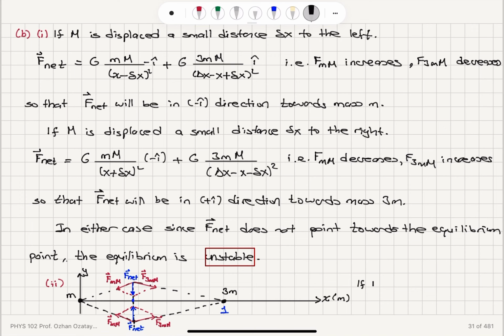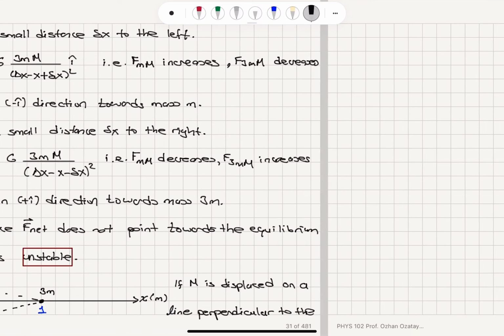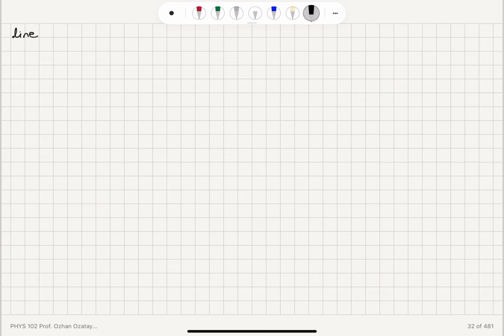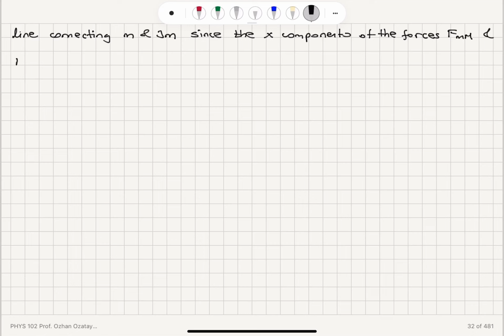So if capital M is displaced on a line perpendicular to the line connecting m and 3m, since the x components of the forces, force between m and capital M and force between 3m and capital M, do not change, there is no net force on the x-axis.